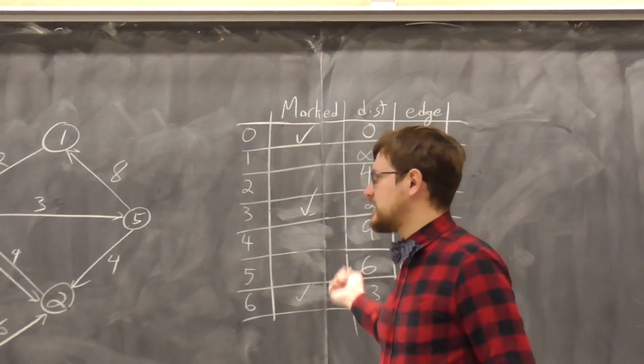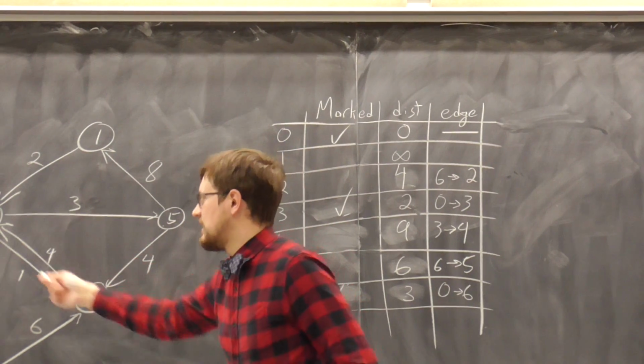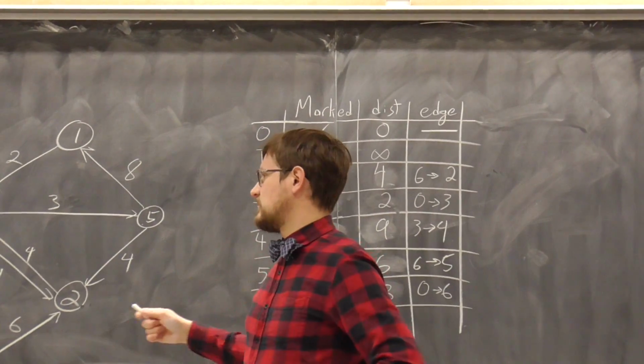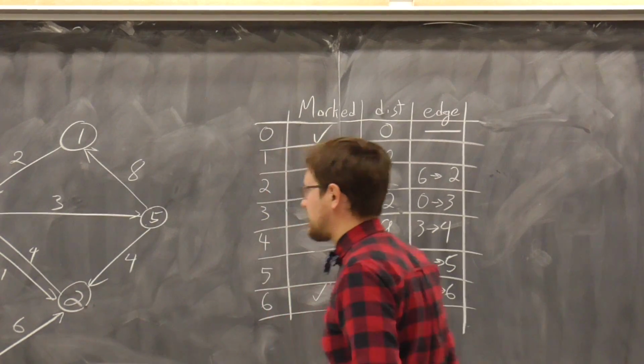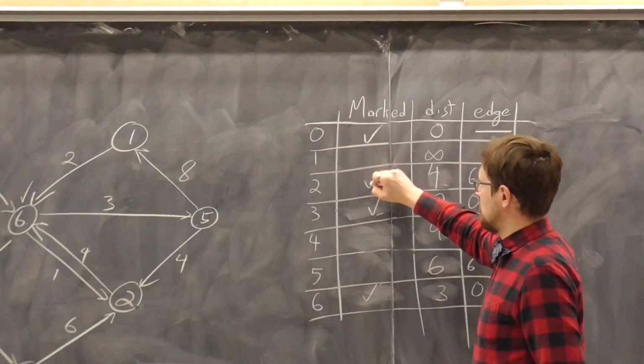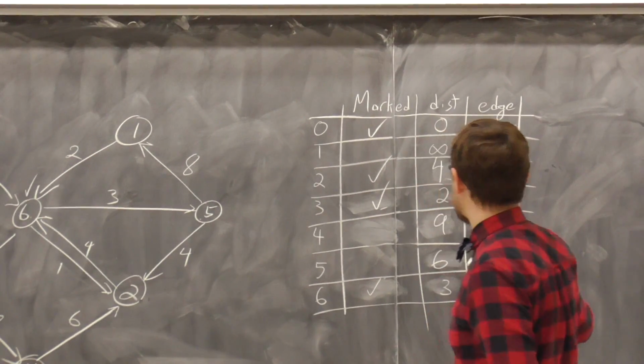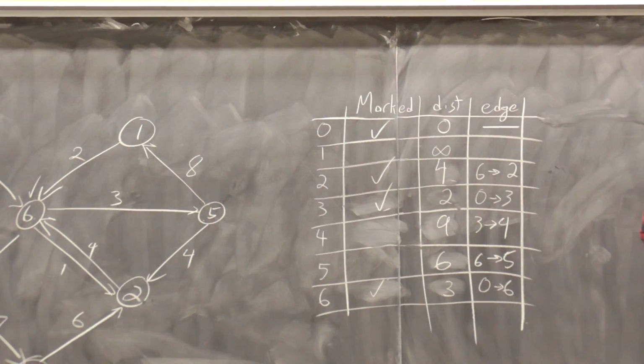If you did the math, you'd see that going back and then back again is longer than to just stay there. So 2, fine, nothing, check. Shortest distance to 2 is 4.